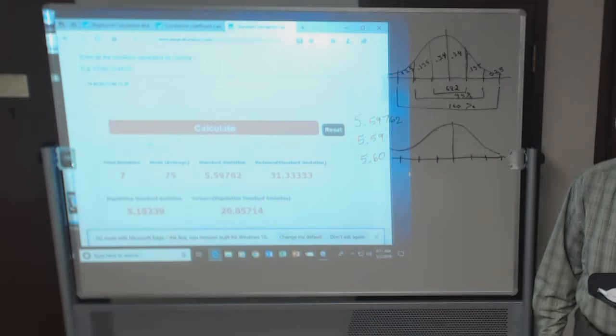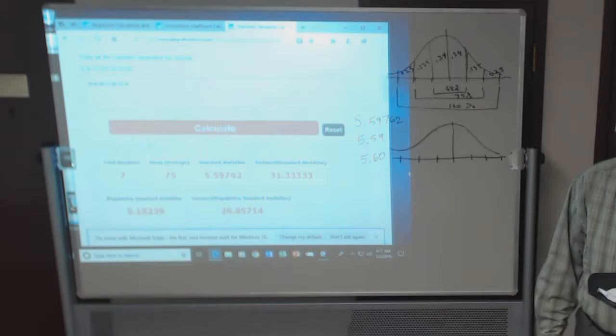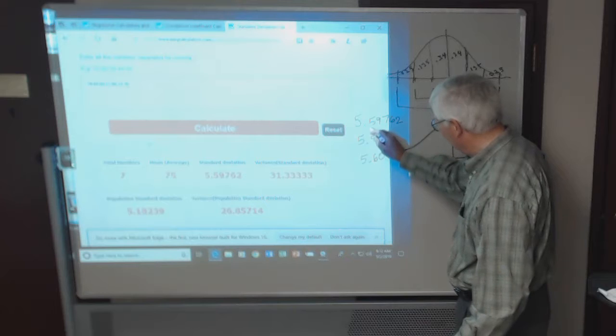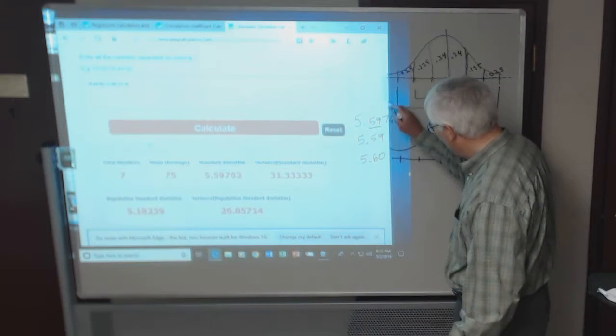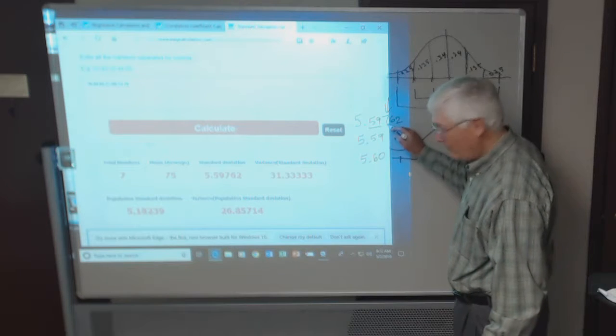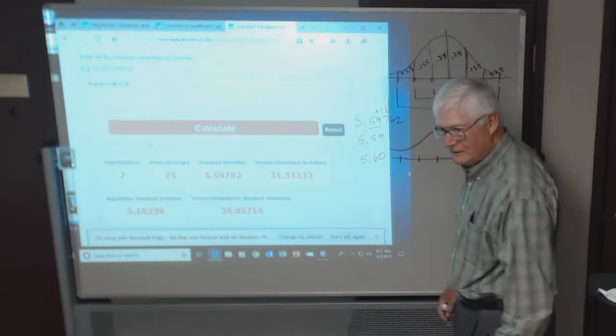Oh, but it says 2 decimal places. So would that be 5.60 then? Yes. That's tricky. You see why? When you round, didn't it say to 2 decimal places? You look at this digit, and if it's 5 or more, you add 1 to this. What's 59 plus 1?